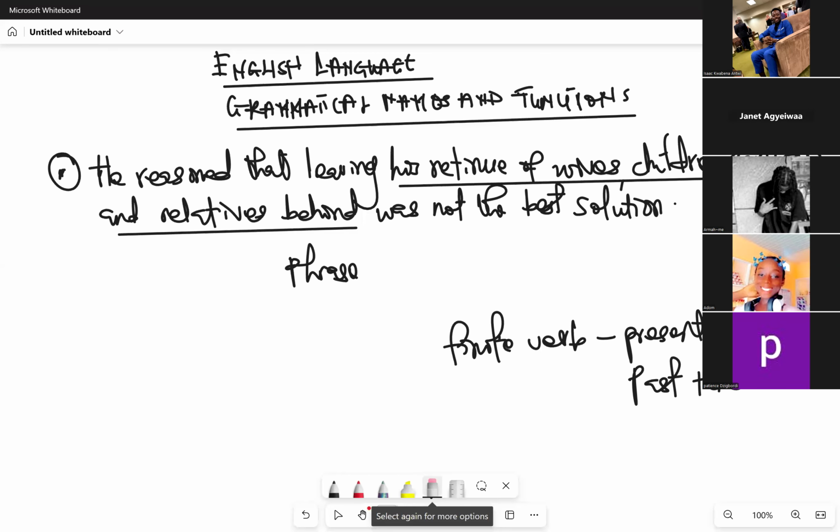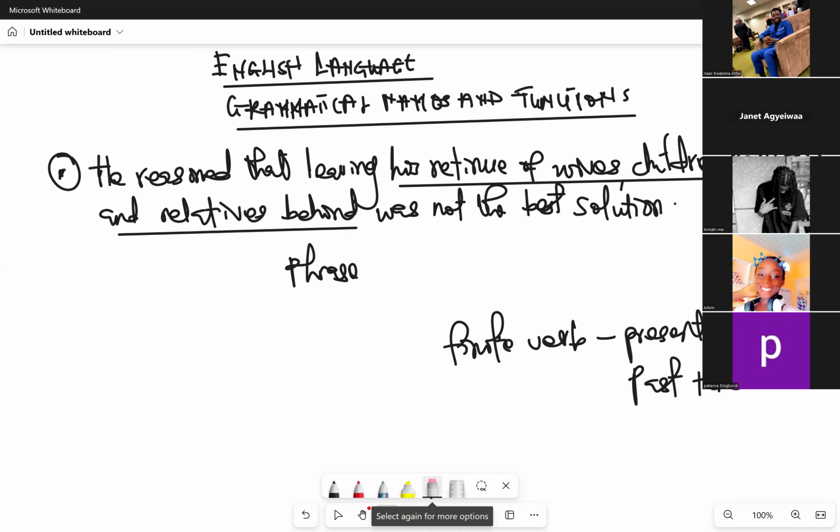Don't be confused. What's the underlying words? We have his, right? His is a pronoun. Retinue is a noun. Hold on. Yeah, a word can have more than one part of speech. So you have to look at how it is used in context before you can conclude.